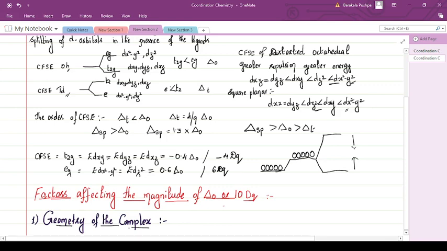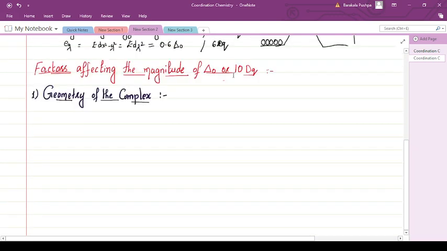The first factor is the geometry of the complex. How the geometry of the complex helps the magnitude of splitting to become more. The degree of splitting of d orbitals is affected by the geometry of the complexes that we have already discussed.